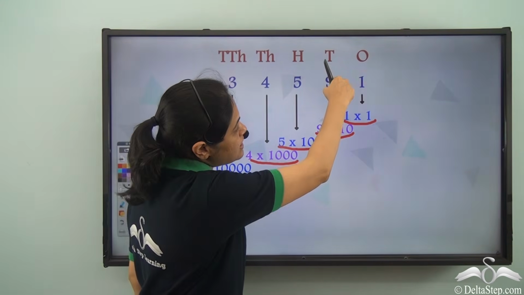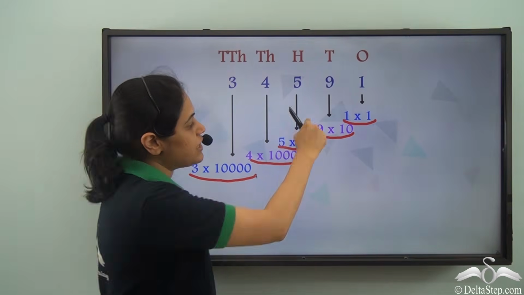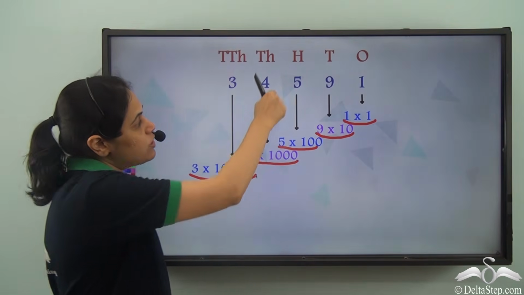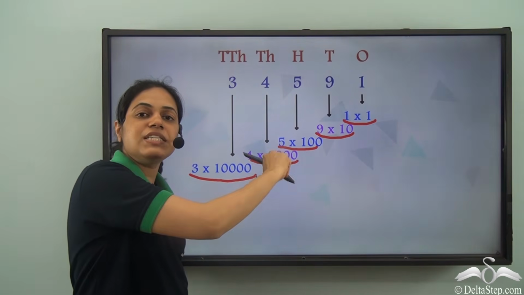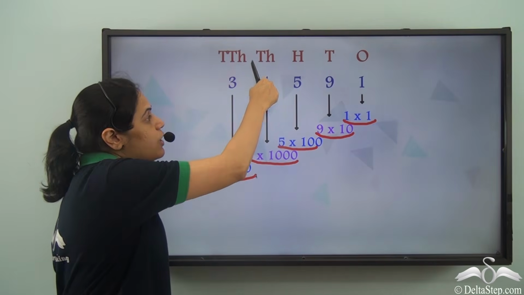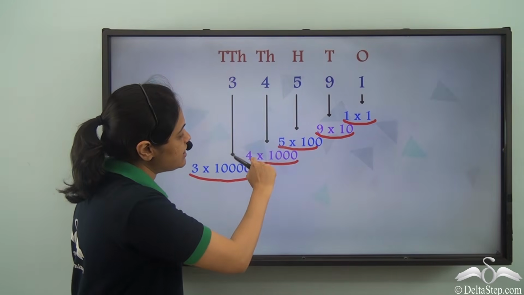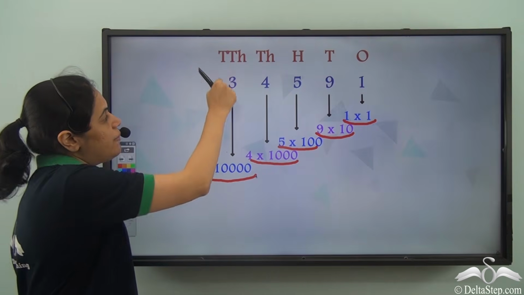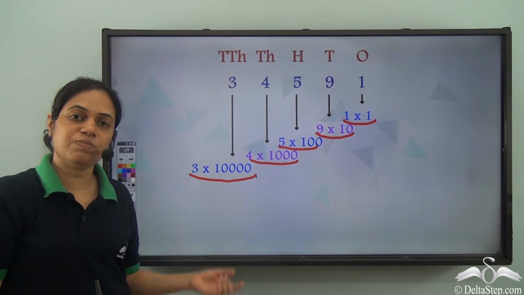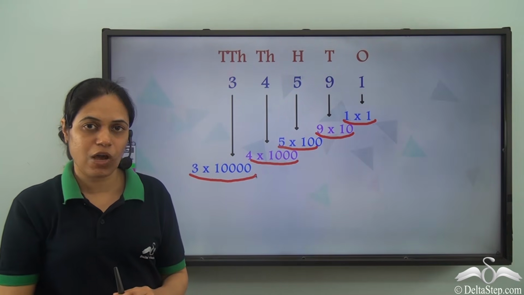So because 9 is in the tens place, it is multiplied by 10. Because 5 is in the hundreds place, it is multiplied by 100. Because 4 is in the thousands place, it is multiplied by 1000. And because 3 is in the 10,000s place, it is multiplied by 10,000.